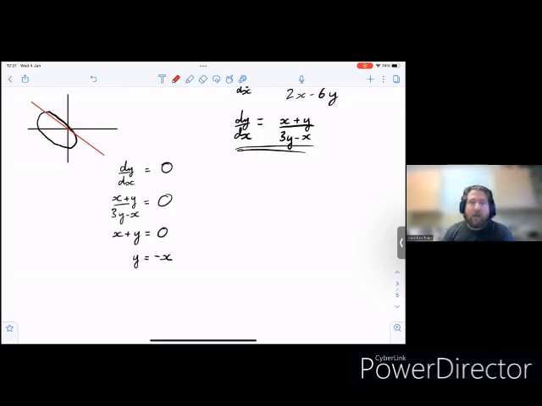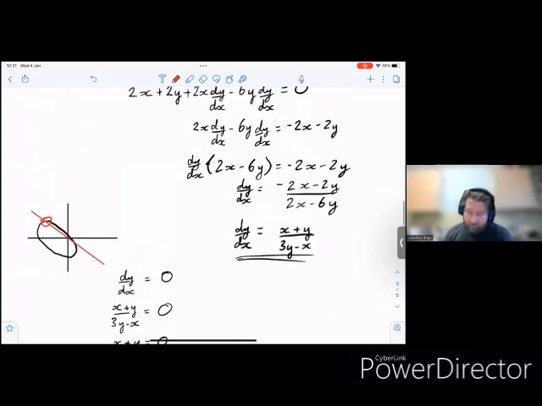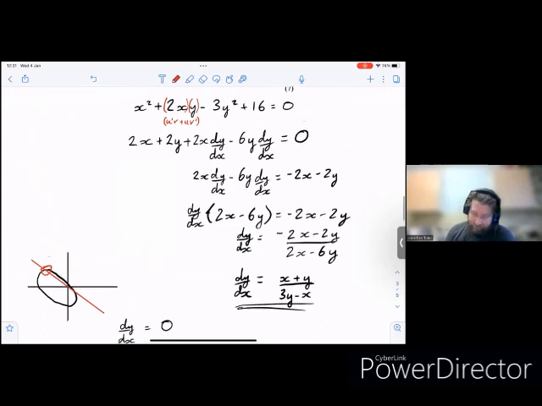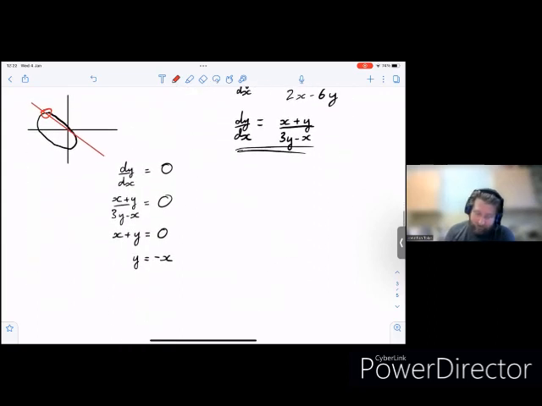So if the point that we're interested in lies on the line y equals minus x and on the curve defined by that long equation at the top there, we now need to solve the equations simultaneously. Okay.